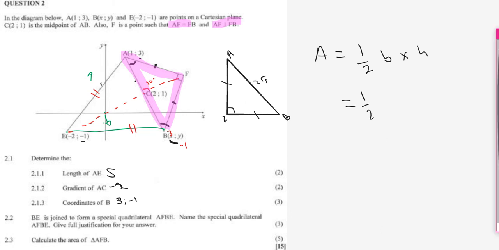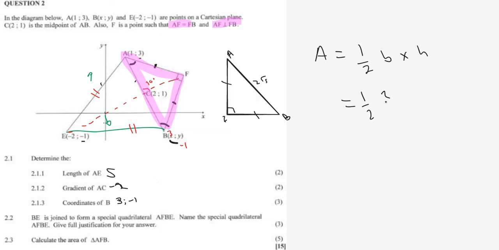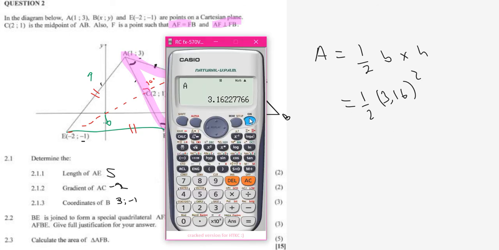What is my answer? Remember, I have it stored at A: 3.16. Because it's 3.16 times 3.16, these values are the same. We're just going to put squared. Then my calculator is going to come back again and do its magic.